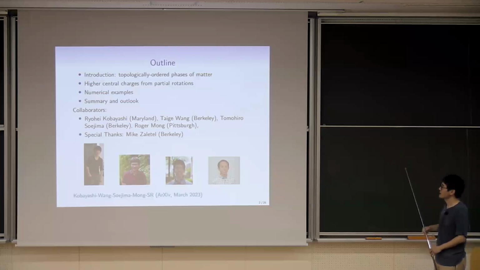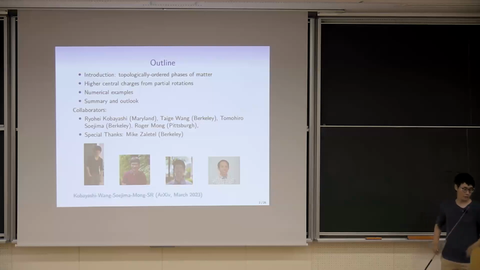Our contribution is to find a very explicit way of extracting or calculating this quantity, the higher center charge, from some partial operations. That is going to be the outline of my talk.